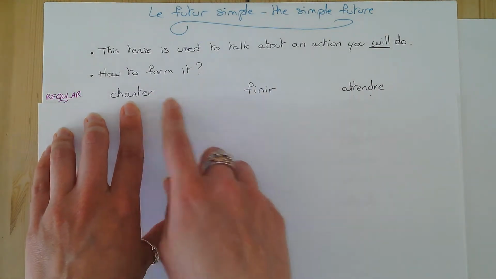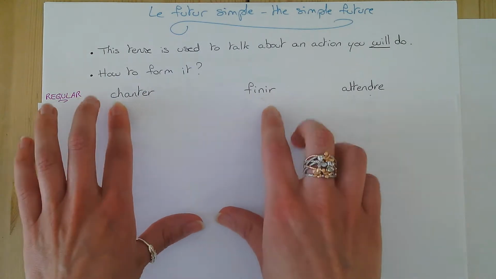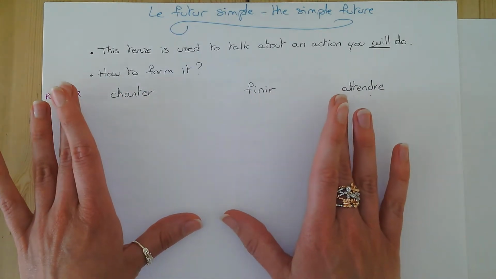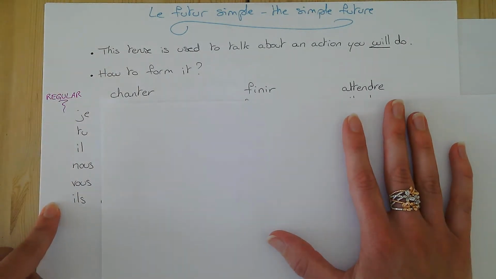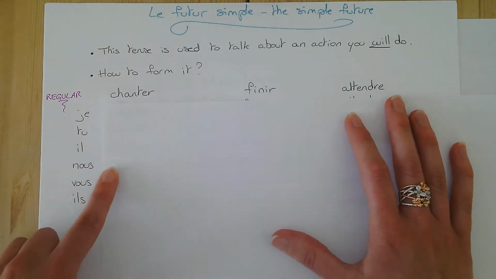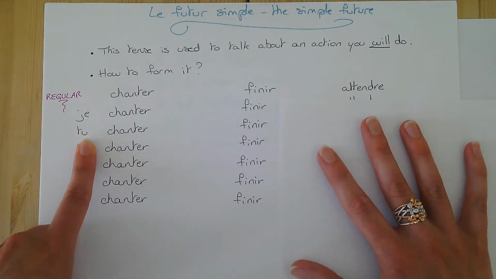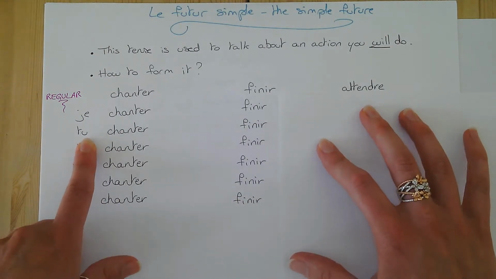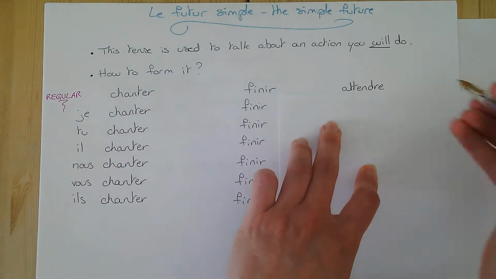For ER verbs and IR verbs, you take that infinitive, you do not do anything to it, and for each pronoun, je, tu, il, nous, vous, ils, you just put that infinitive down all the way, and that's all you have to do. For RE verbs, there's only one trick you need to do.